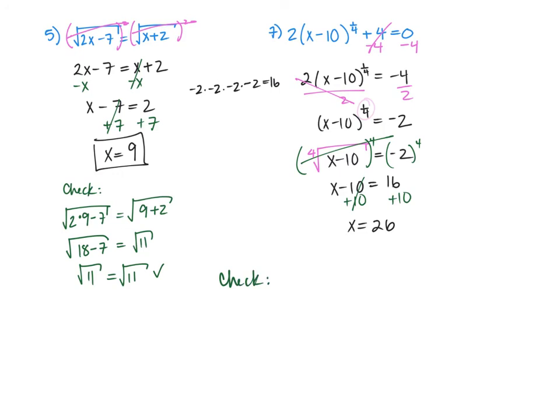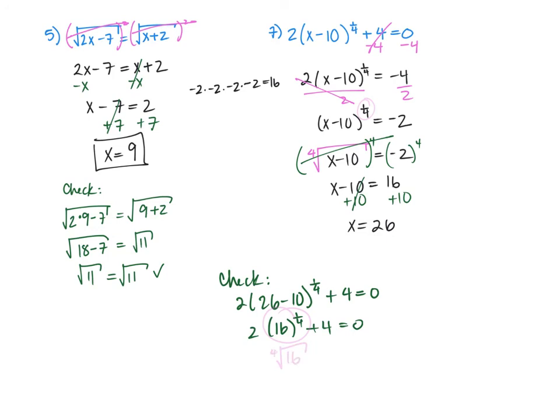So if I check my answer, that's going to be 2, plug in 26 minus 10, to the 1/4, plus 4, and I need to make sure this equals 0. So if I work on the inside here, 26 minus 10 is just 16 to the 1/4, 2 outside. But if I look inside here, I need to take the 16 to the 1/4 power, or that's another way of saying the 4th root of 16, right?